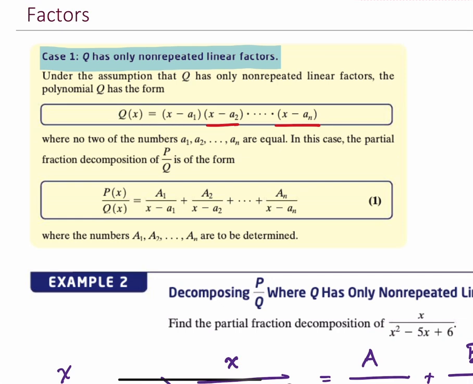So however many you have, it just splits up into separate fractions, and they're using a1, a2 up until an, meaning however many you have. So you get just a series of fractions added together with your factors separated into each of the denominators and some unknowns in the numerator.